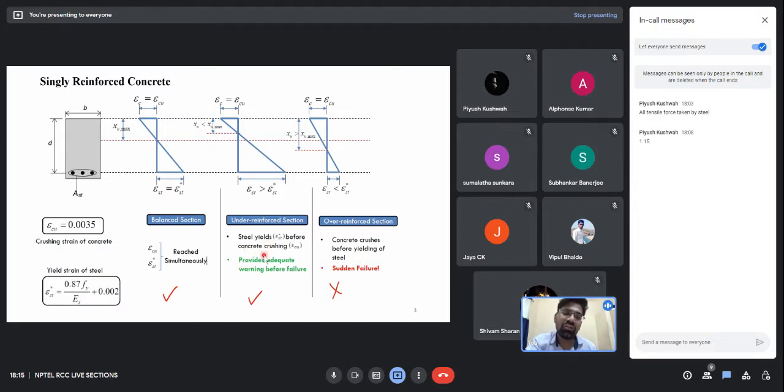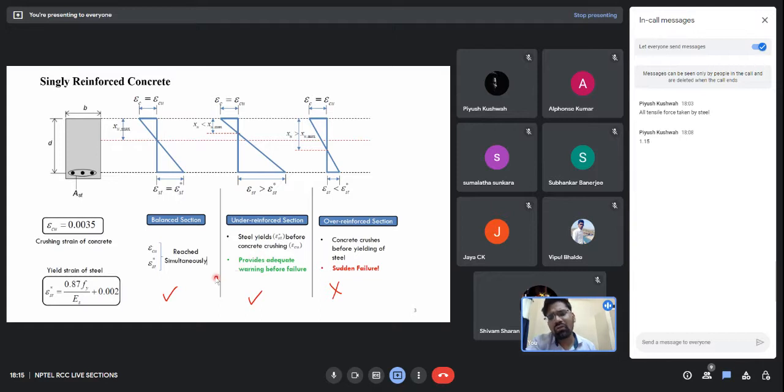Whereas we go for an under reinforced section, because steel is a ductile material, and a ductile material gives prior warnings. That is, we can see cracks, and because of that warning we can evacuate the building. So it can give us prior warning.